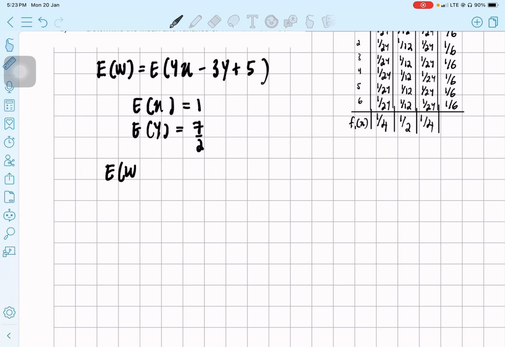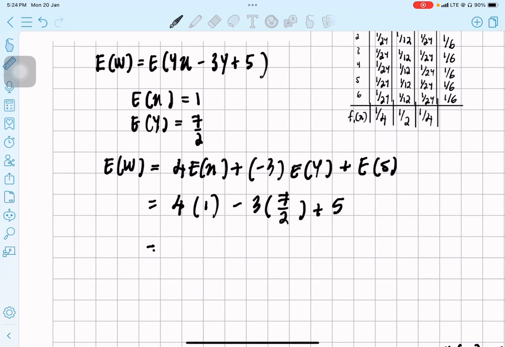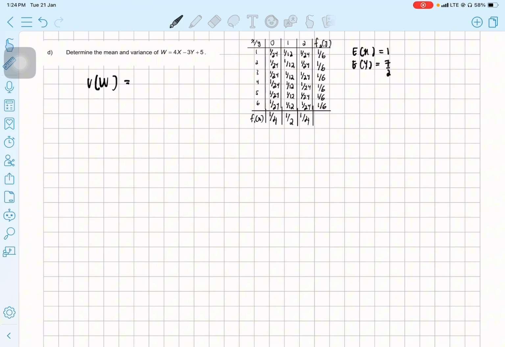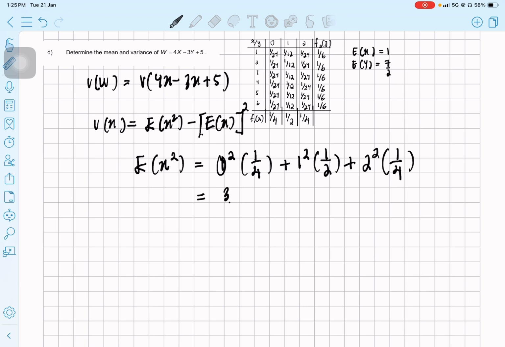E(W) would be 4 times 1 minus 3 times 7 over 2 plus 5, which is negative 3 over 2. V(W) will be the variance of 4X minus 3Y plus 5.